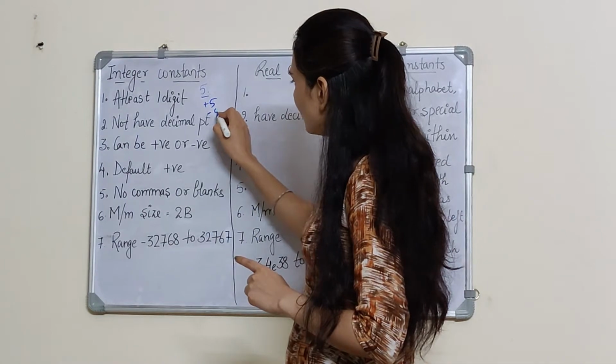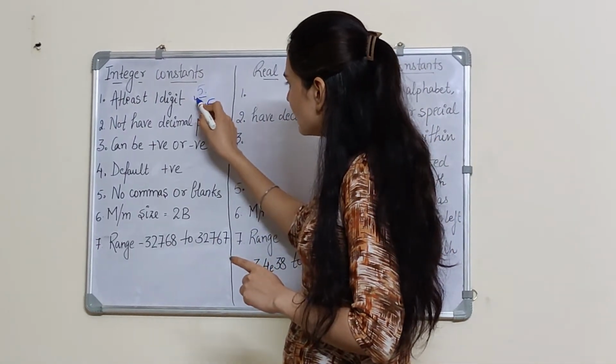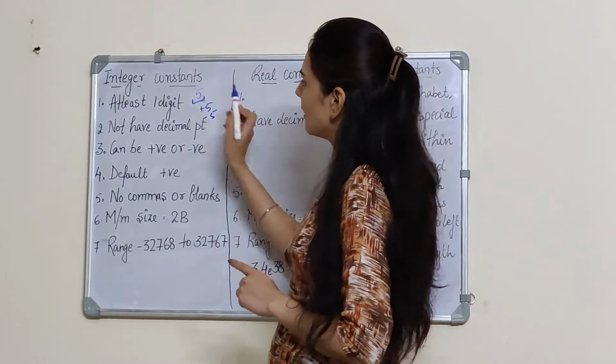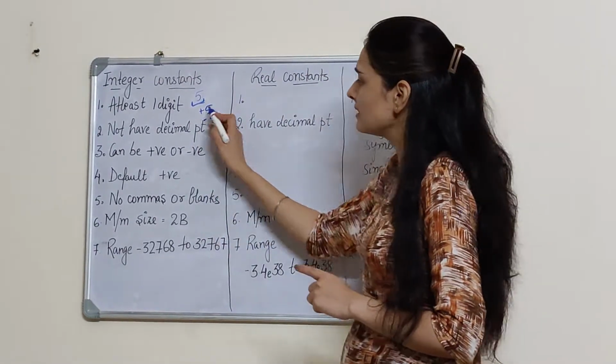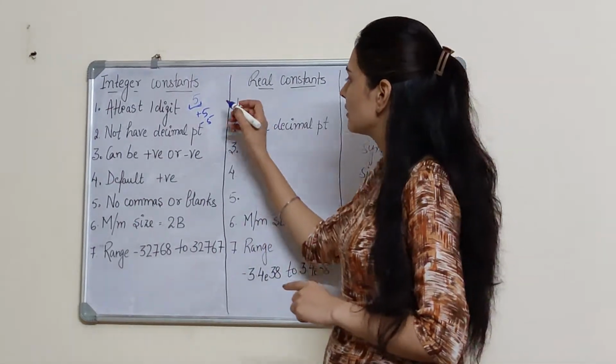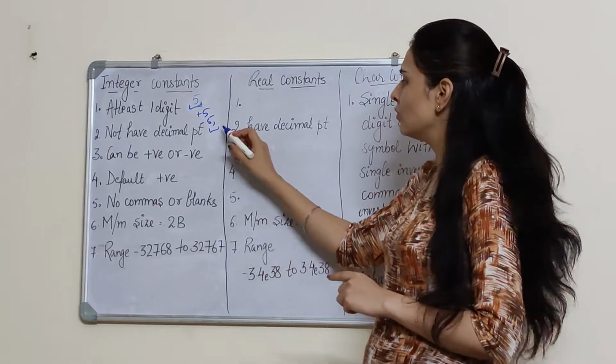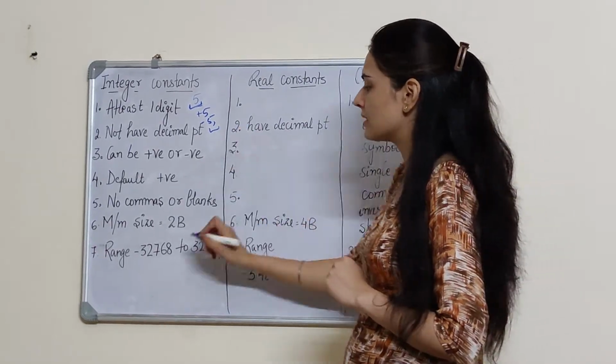So it can be either plus 5 or minus 5, but if the sign is not given, then it is by default considered as the positive sign. Now there are no commas or blanks included. That means this particular value is not a valid integer constant.